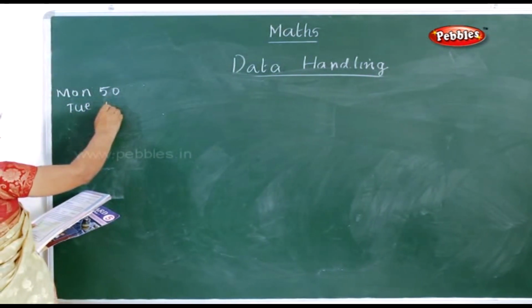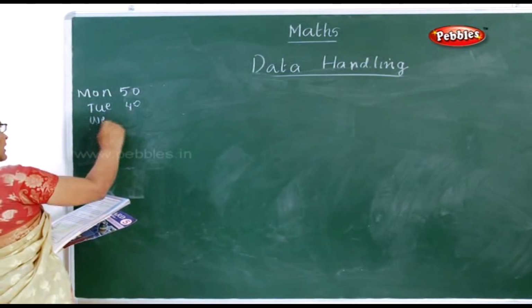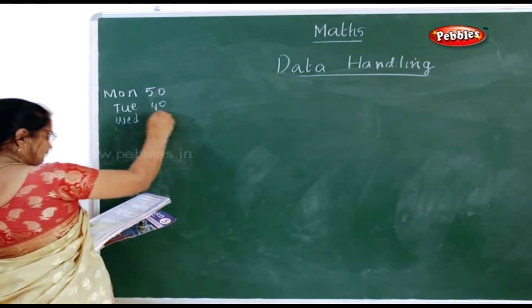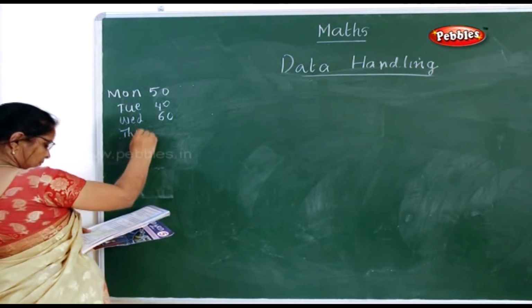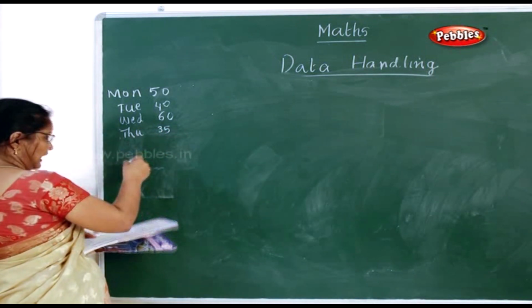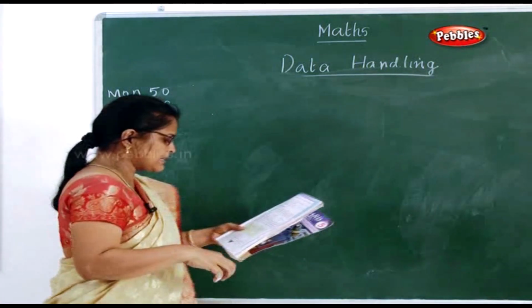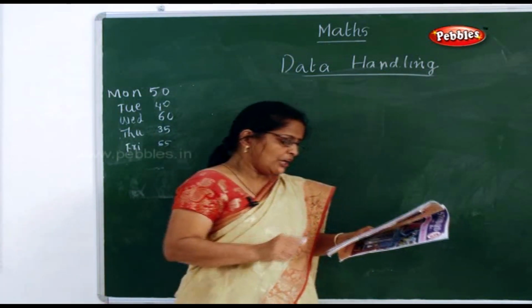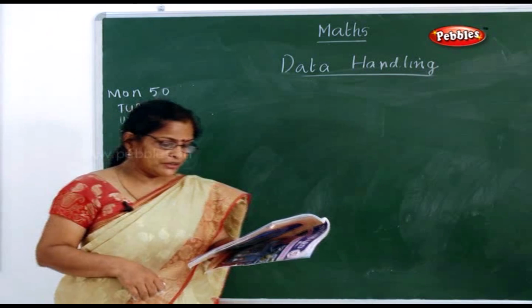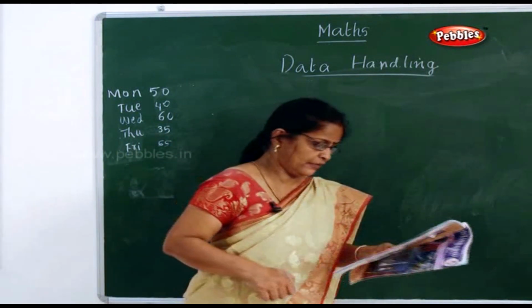Tuesday it was 40, Wednesday 60, Thursday 35 and Friday 55. Now what is the question? You have to draw the pictograph.